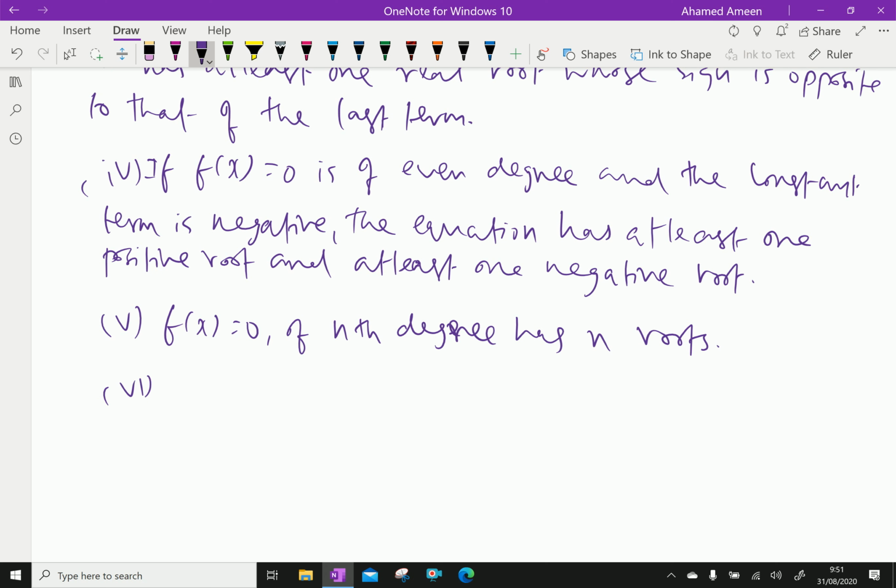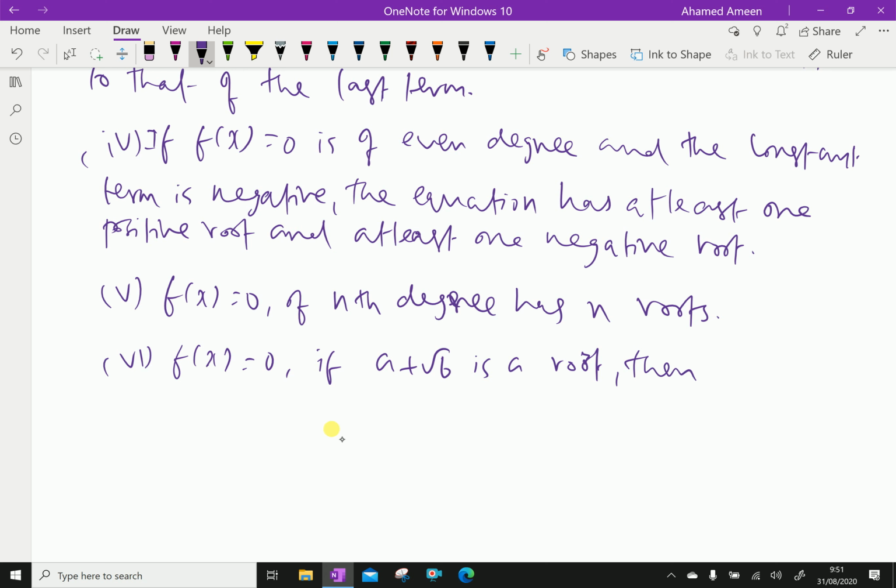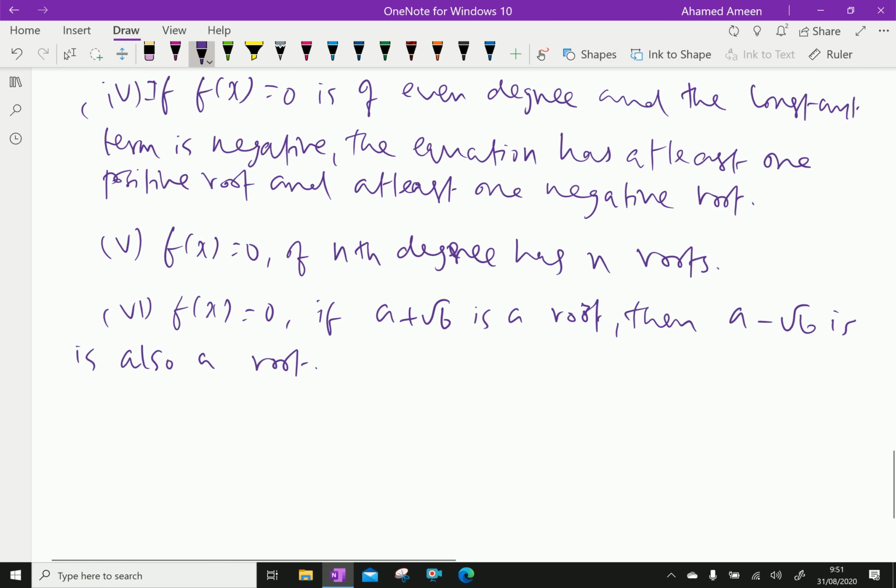Sixth, in an equation with rational coefficients, that means in f of x equal to 0, if a plus root b is a root, then a minus root b is also a root, and vice versa.